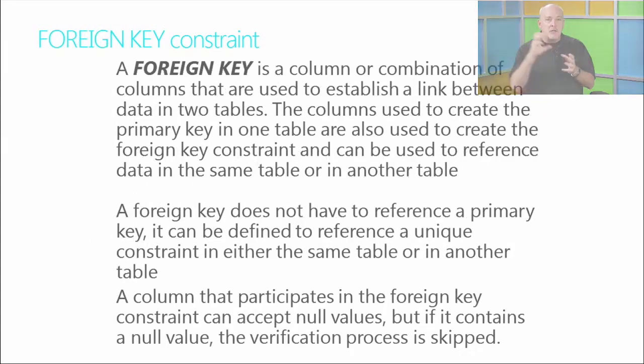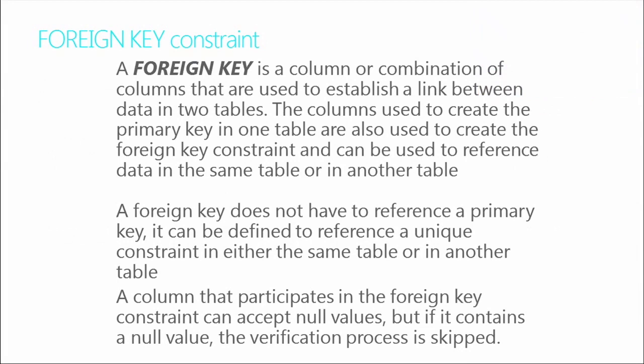The foreign key is used to reference that content. So the foreign key is a column or a combination of columns. If the primary key uses two columns like we did with the license number and the state code, well, the foreign key referencing that has to use that to reference it as well. So it references it as a unique constraint that's created over there for that primary key.